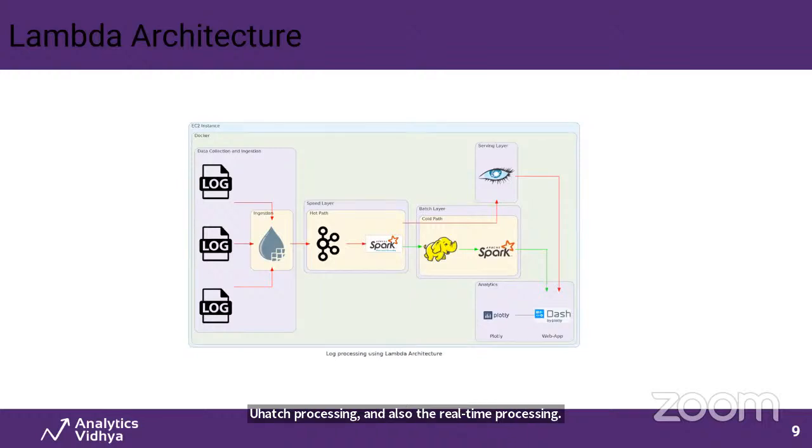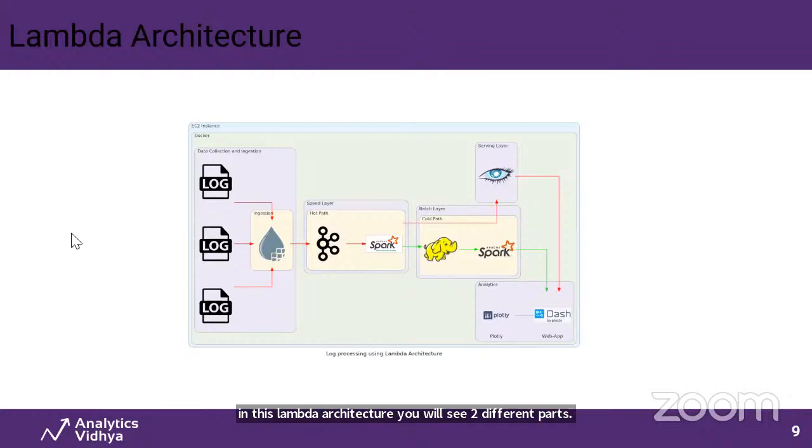So we will have batch processing for doing some analytics after we get the real-time data, and also at the time while the data is in transit, we do some analytics and do some data visualization stuff. So in this Lambda architecture, you will see two different paths.